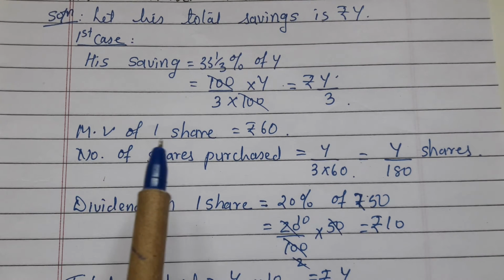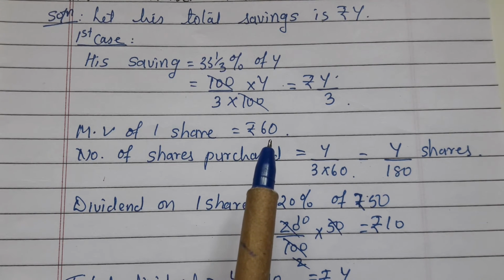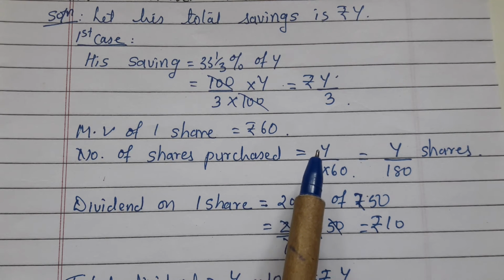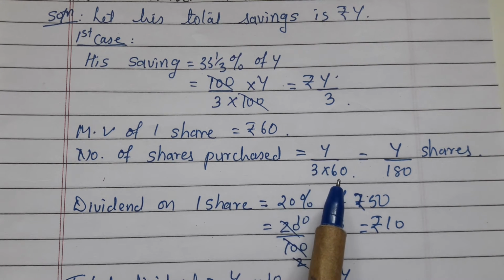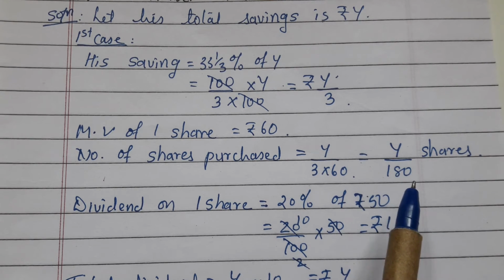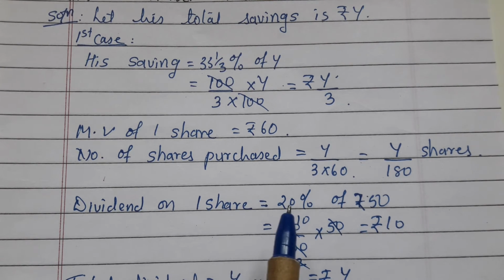MV of 1 share rupees 60. Number of shares purchased is equal to Y upon 3 into 60, that is equal to Y upon 180 shares. Dividend on one share 20% of rupees 50, 20 upon 100 into 50, that is rupees 10.